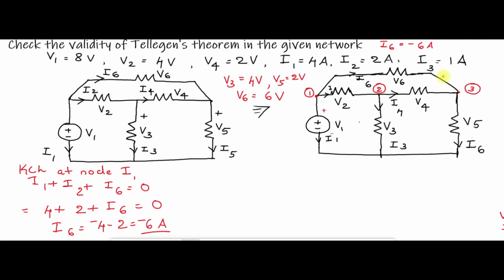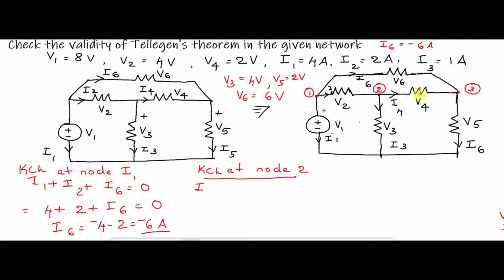Now you are going to determine I4 and I5. For determining I4, I am going to apply KCL at node 2. Here at node 2 you can see I4 current is leaving, I3 current is leaving and I2 current is an incoming current. So I can take I4 and I3 as positive and I2 as negative.